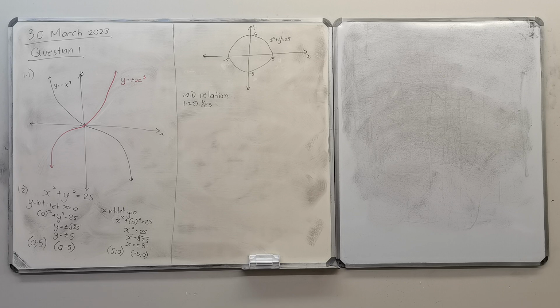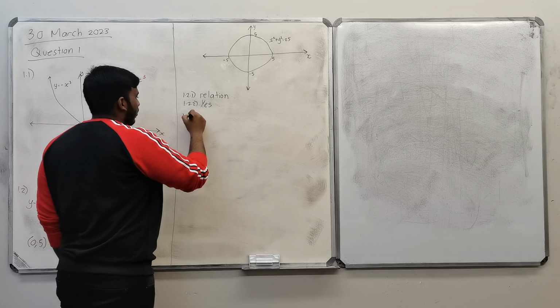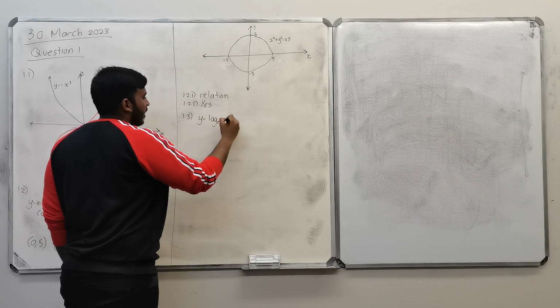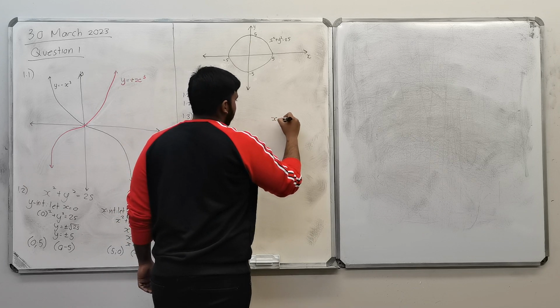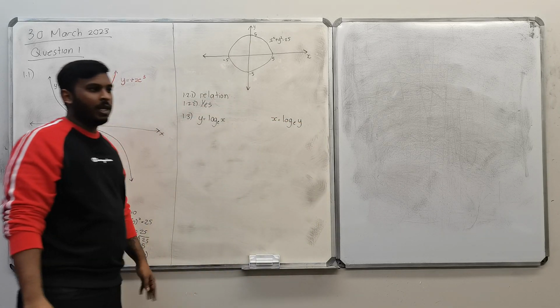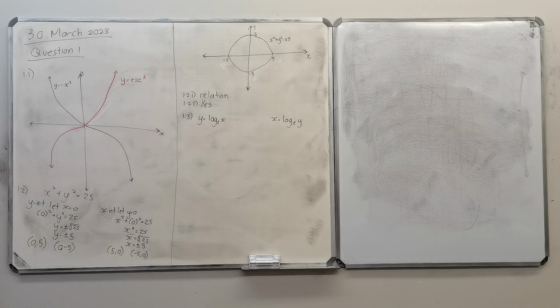Then they ask you to make a neat sketch of the two functions y equals log base e of x and x equals log base e of y on the same set of axes. So for 1.3, y is equal to log e x and x is equal to log e y. Now, when we did exponential and logarithmic graphs, what did we do?